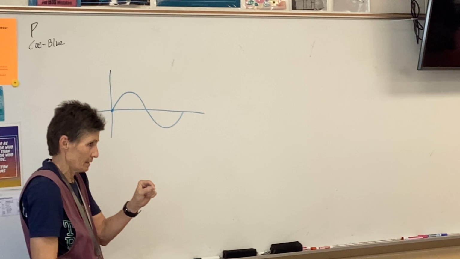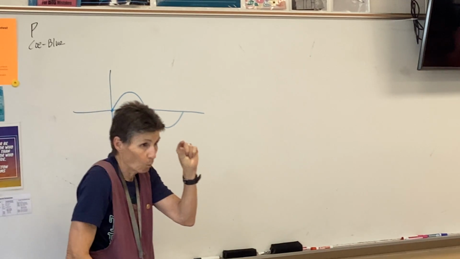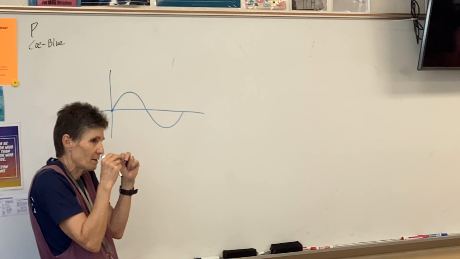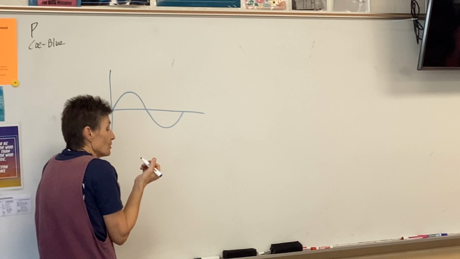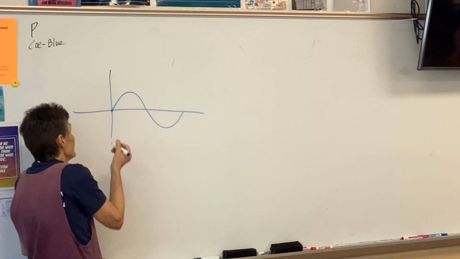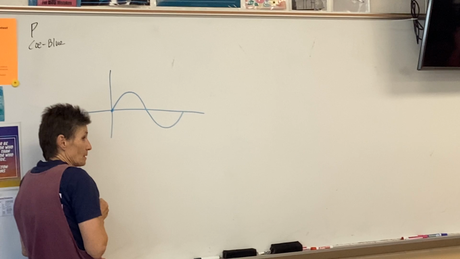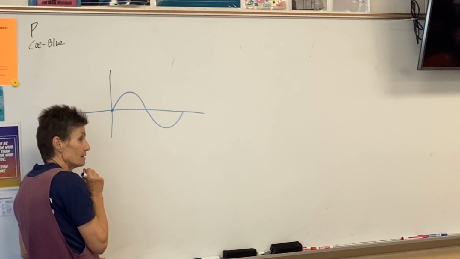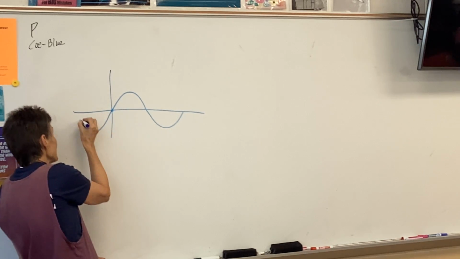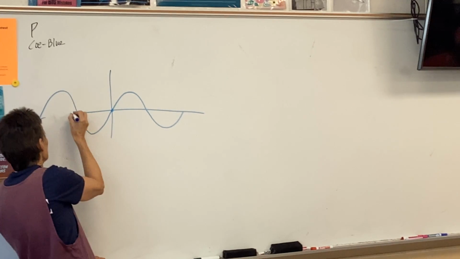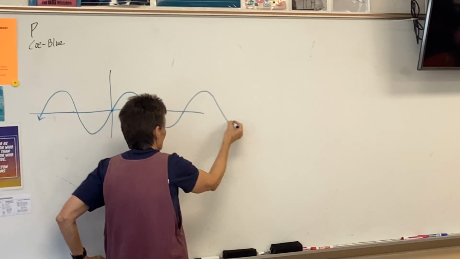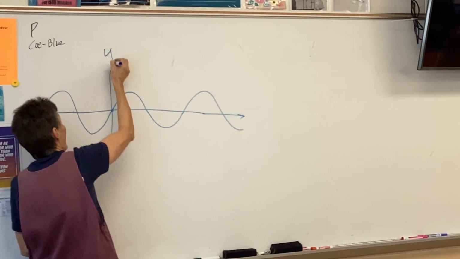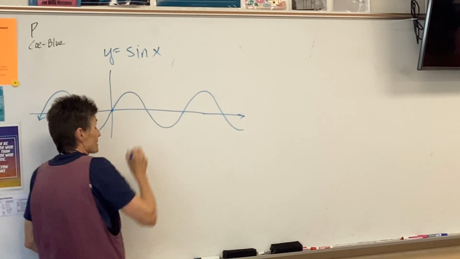Technically, they're only supposed to be up one, but I want you to make it bigger than that, otherwise it's going to get too smashed up in there. The regular sine curve is going to go up and down one, but I'm not worried about that right now. I just want you to see a hill and a valley. You don't need to continue it on, but please understand that it does. It goes on forever and ever. That is your sine curve. Y equals sine x.